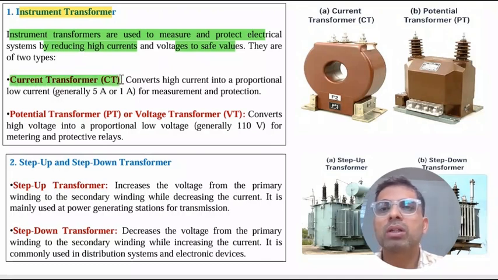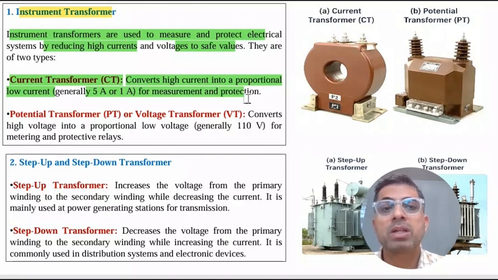The first one is the current transformer, which converts high current into a proportional low current, typically 5 ampere to 1 ampere, for measurement and protection. Right, and the next type of transformer is the potential transformer, or voltage transformer. This word indicates the meaning of it.